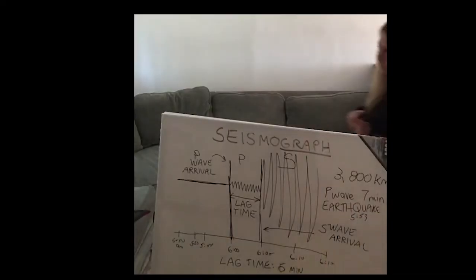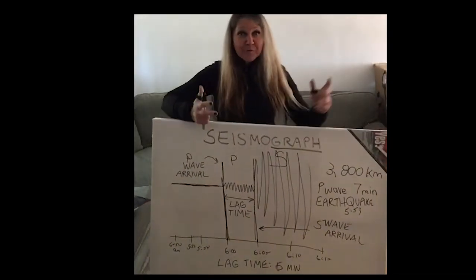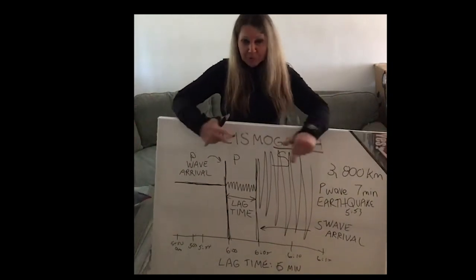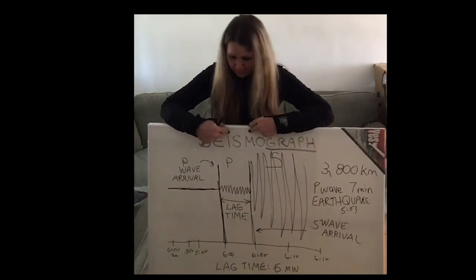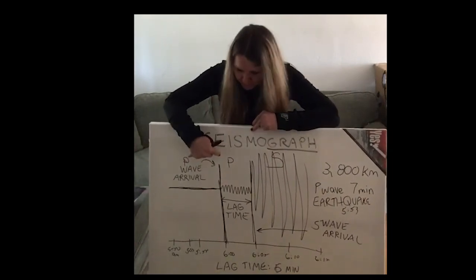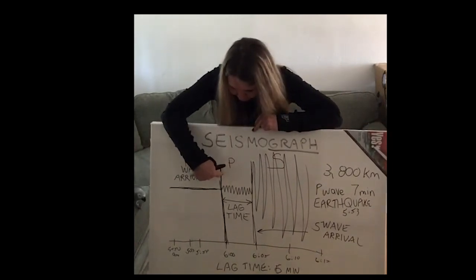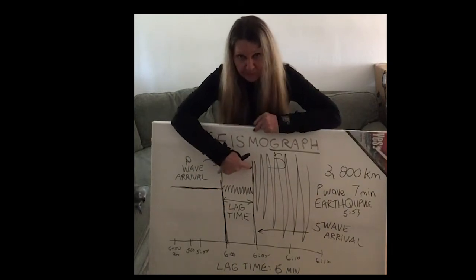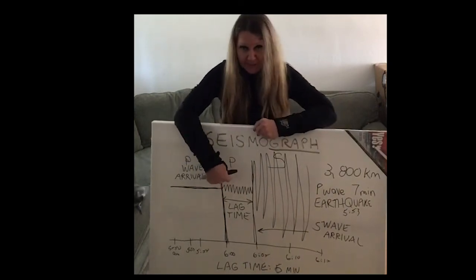Look at all this information we can get from just a seismograph. By looking at the seismograph, we can figure out the time the P wave arrived, the time the S wave arrived, and the difference between them is the lag time.